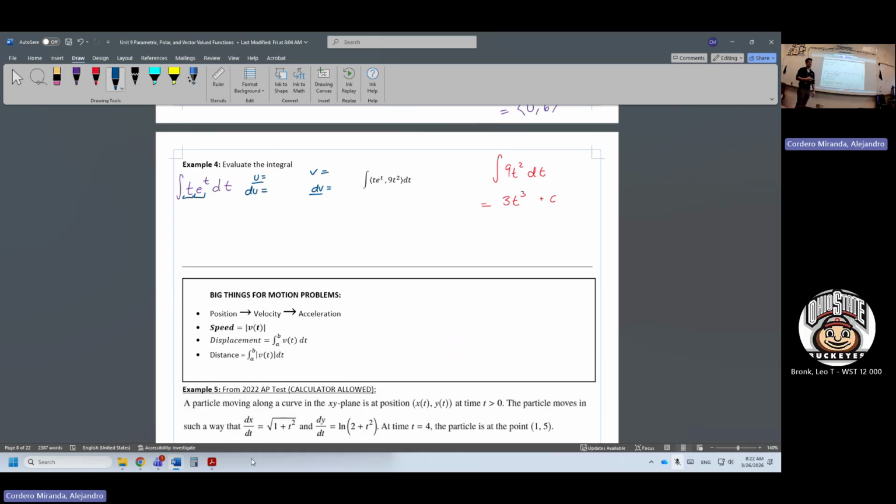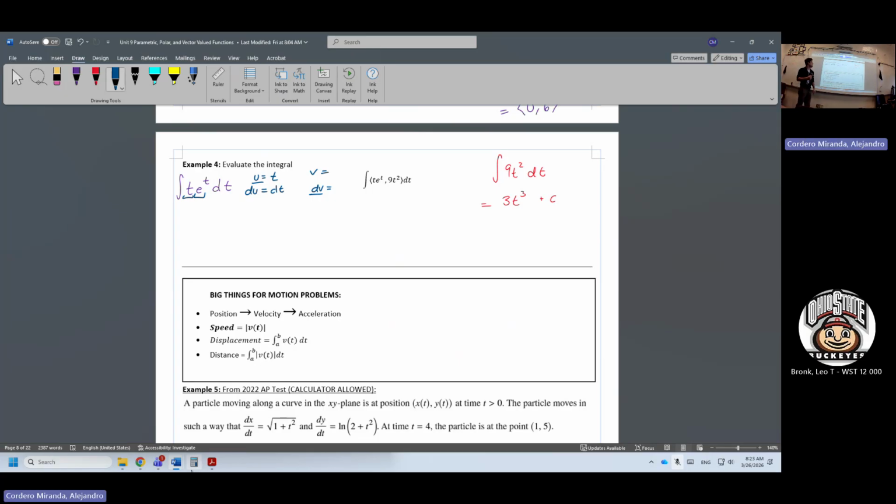Do you guys remember what you should choose for u in this case? Yeah, it's usually the polynomial one, the one that will have a simpler derivative when you take the du. That's why I'm saying it's usually the polynomial looking one, because then when I take the derivative of t, I just get 1 dt. So you get one degree simpler.